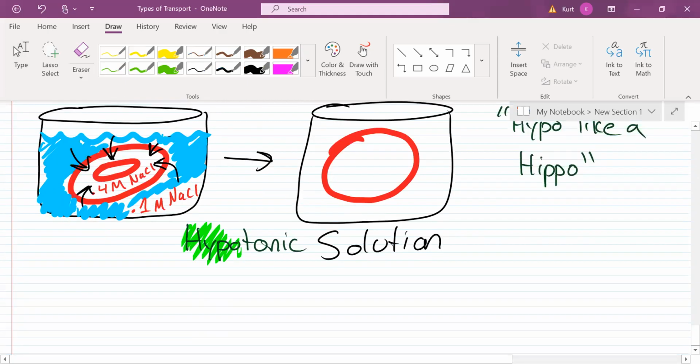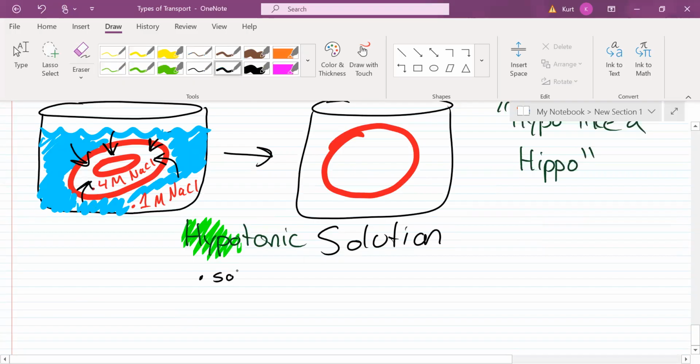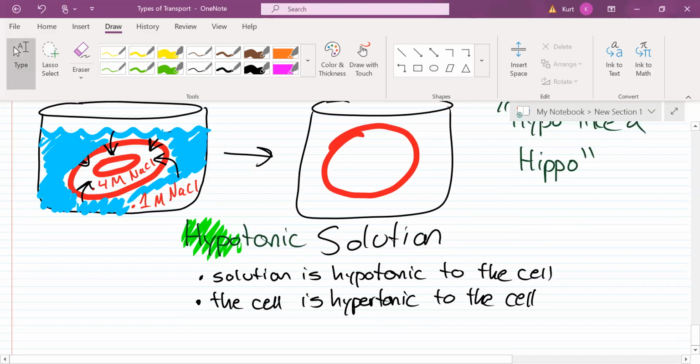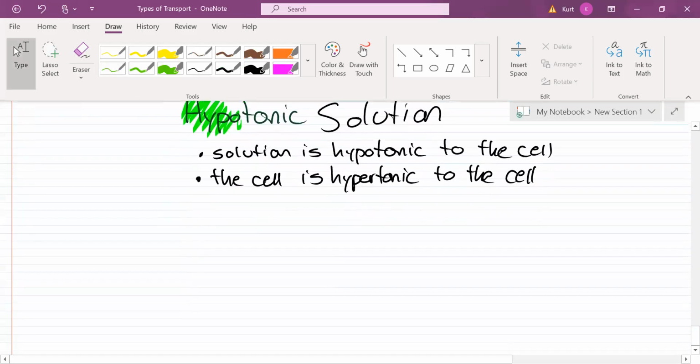I can say that the solution is hypotonic to the cell, or I can say the cell is hypertonic to the solution. So you can say it's a hypertonic cell or it's a hypotonic solution. But the cell is going to swell up and possibly burst.